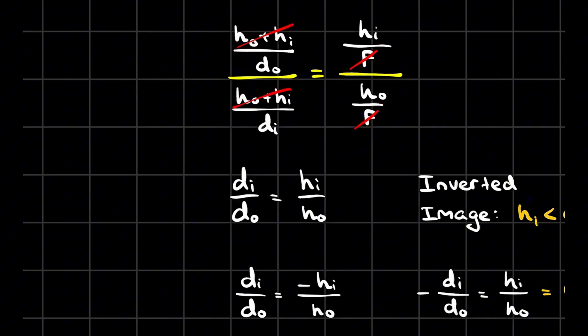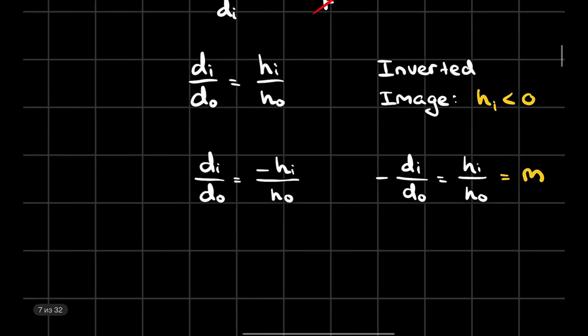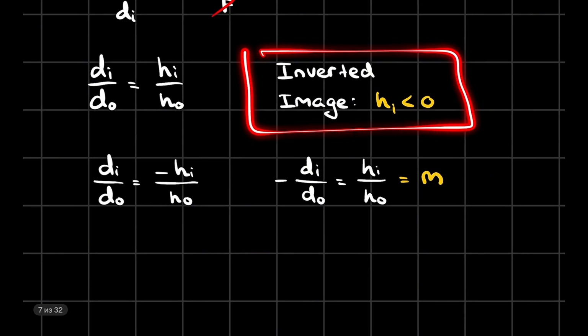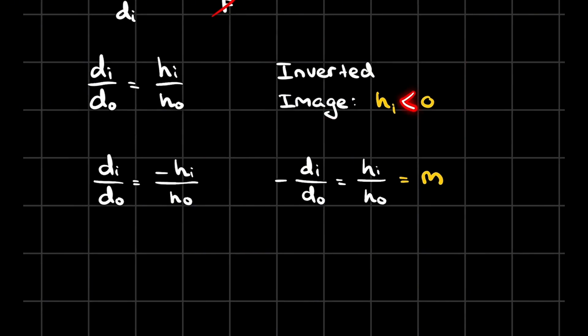Then you can see that here we have di, which goes upward, and this di, do, and this would be hi and ho. But if the image is inverted, as you can see, we just write it as something less than 0. It's just a minus number. The minus is here, and then you can move that minus to the other side. You will definitely have this di divided by do, and then we will define it as our magnification.